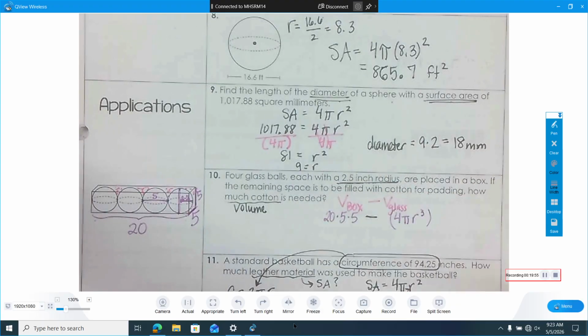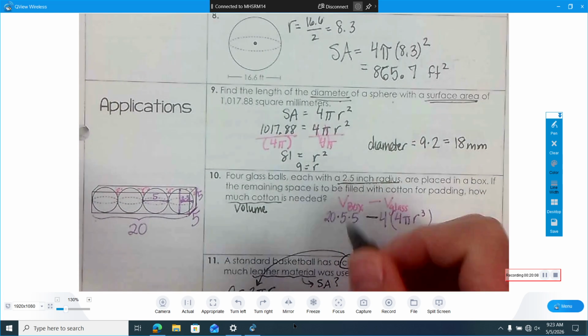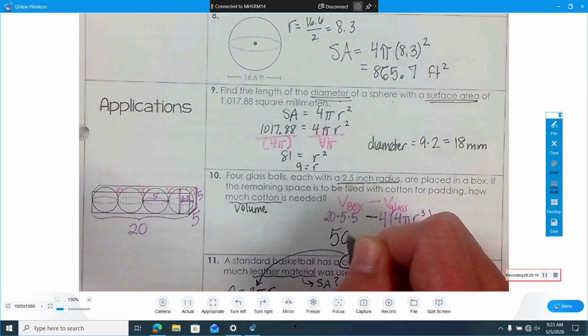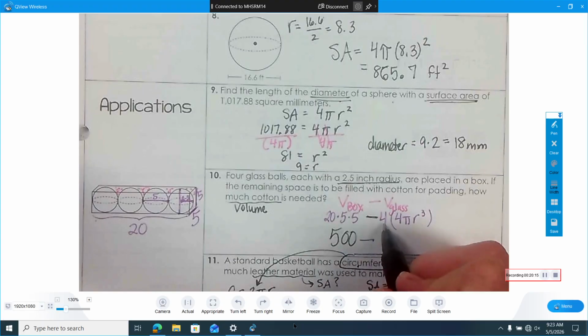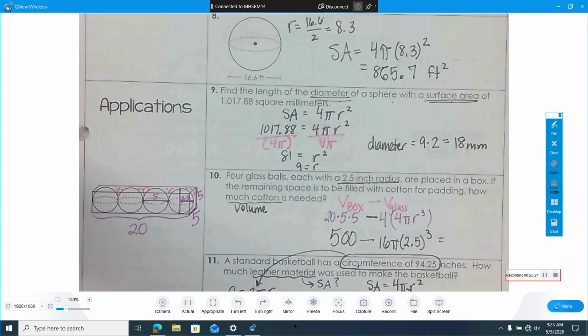That's 1 sphere times 4. Very good. And what was our radius? 2.5. Okay. So 20 times 25 is 500. And then I have here 4 times 4 is going to be 16 times pi times 2.5 cubed.